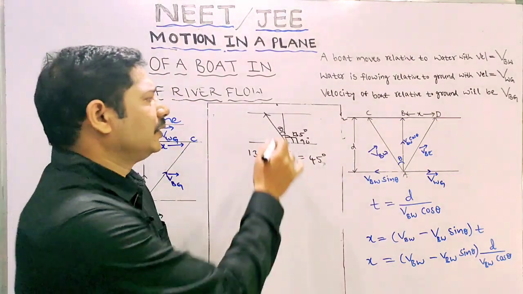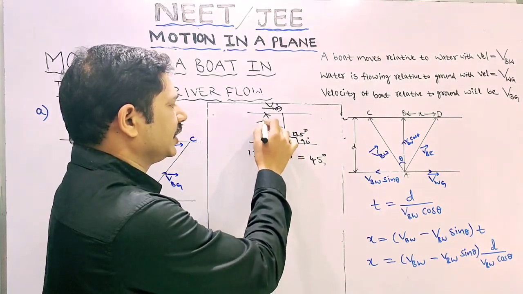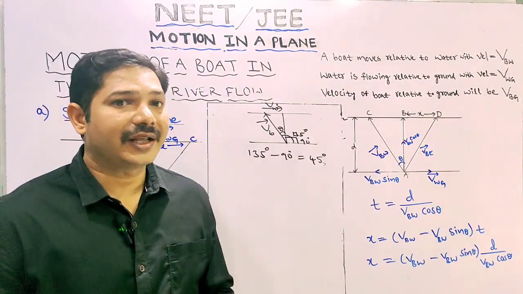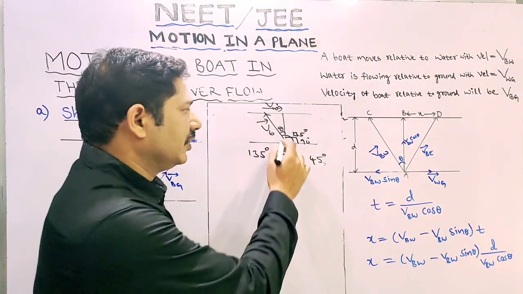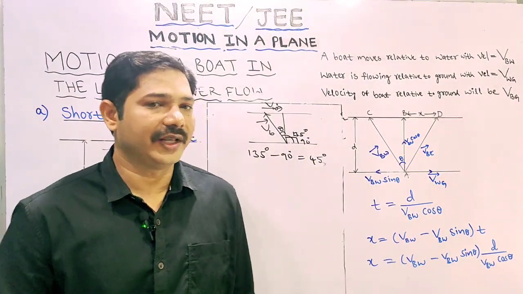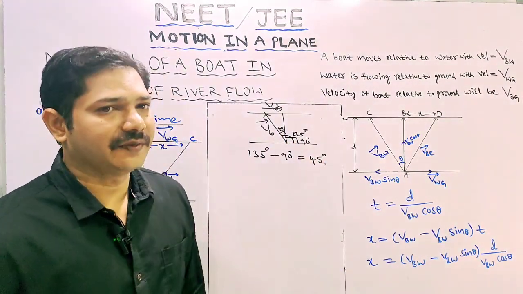Now this is the water velocity, this is the boat velocity. Here theta is 45 degrees. We should not take 135 degrees, since that is the total angle with respect to the ground. Only the theta value 45 degrees we have to take.